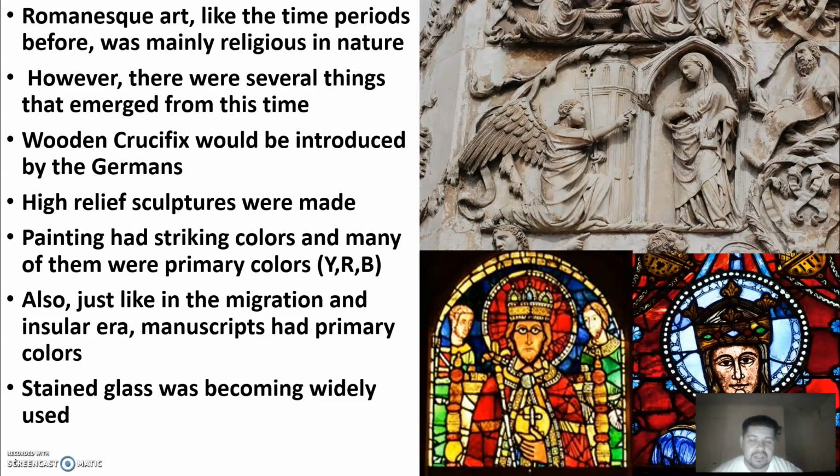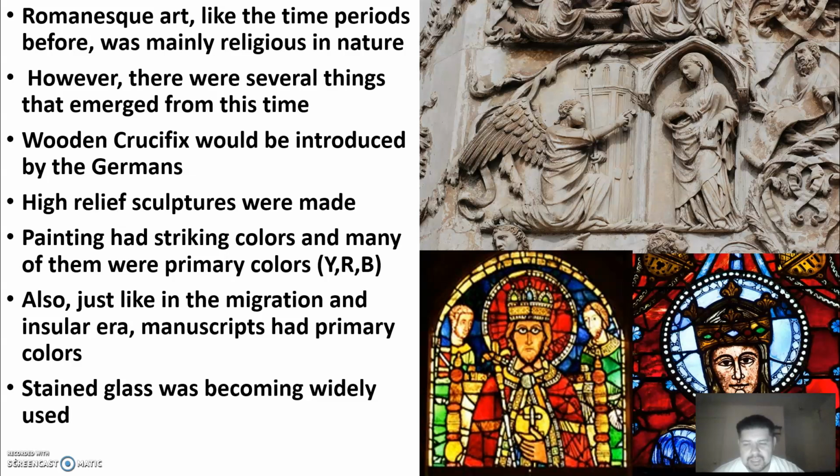That's what a high relief sculpture was. The other thing were paintings that had striking colors, and many of them were the primary colors. So that's the yellow, red, and blues.